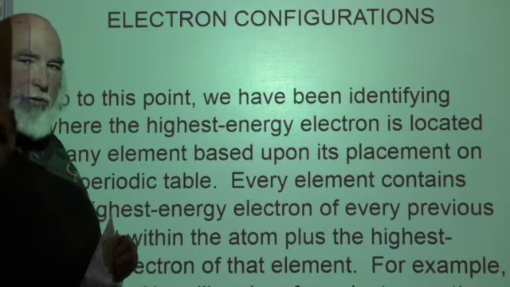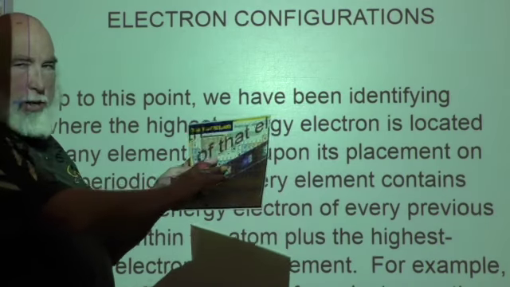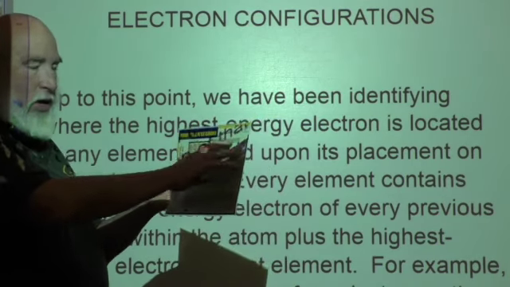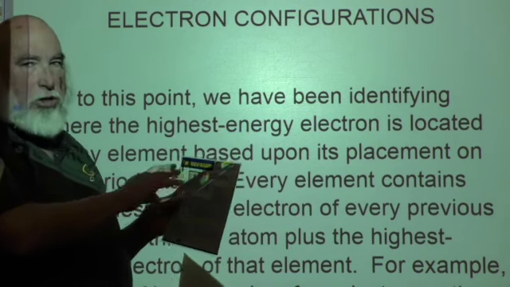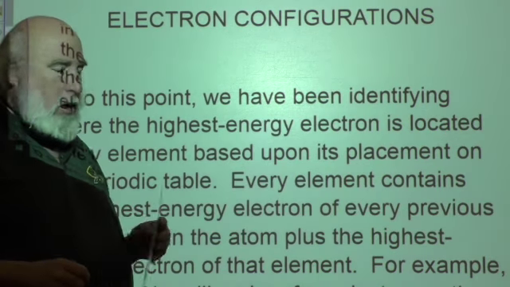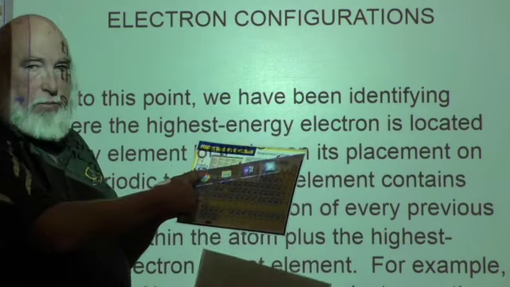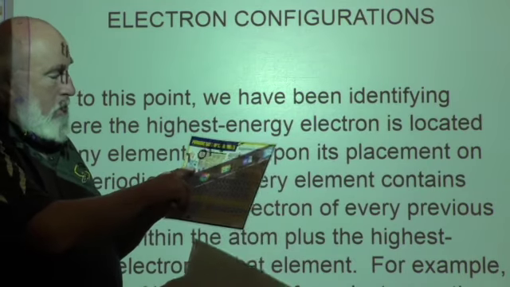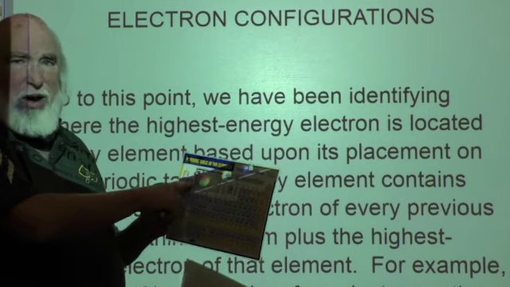Now the thing you have to remember is that for the number of electrons in each of these elements, the highest energy one is what the four quantum numbers describe. But take an element like beryllium here. One atom of beryllium has 4 electrons in it.